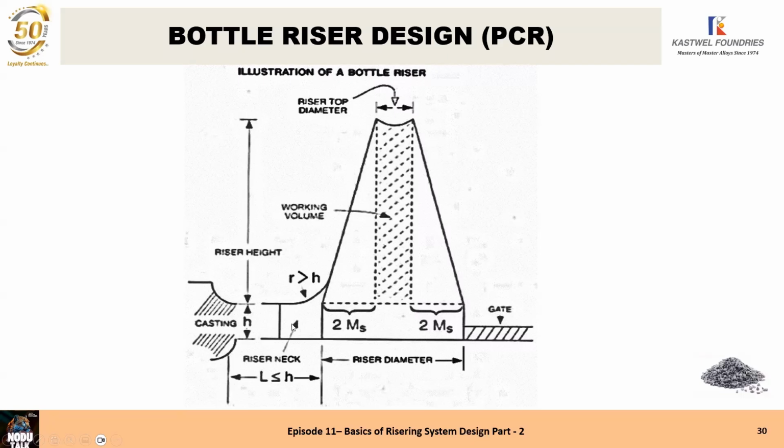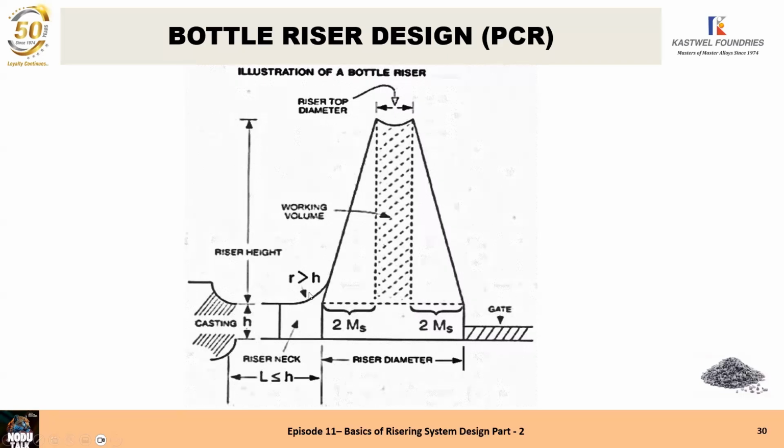The riser neck has got a length which is defined over here by providing the radius to the neck so that the riser is knocked down to a smaller size and easy to knock out from the casting in a fettling operation. You have got the edge, which is the height of the riser neck, small edge. Radius should be provided so that the sand does not become very hot. Otherwise, there will be shrinkage at the connection.